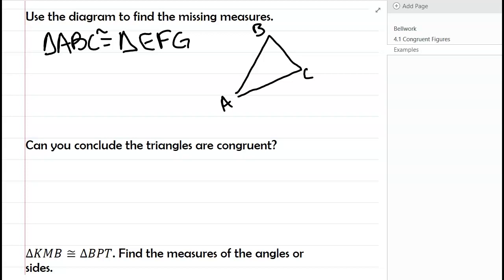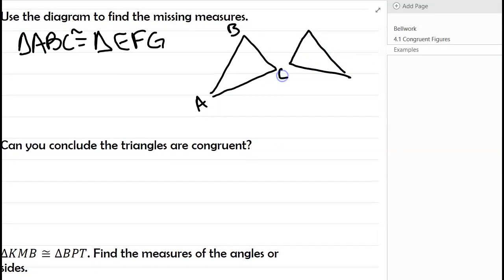Doesn't have to be perfect, just get the general idea. Triangle EFG is just going to be like the mirror image. Even though it's obviously not drawn to scale, these are congruent, which remember means they're the same shape and the same size. Also means that their corresponding parts are congruent.